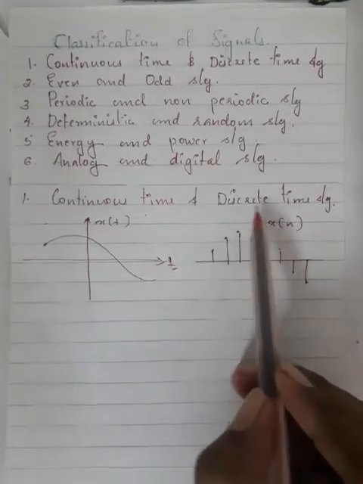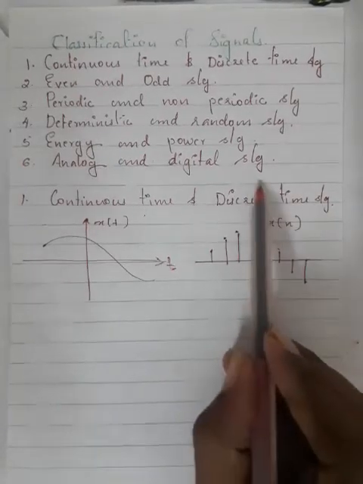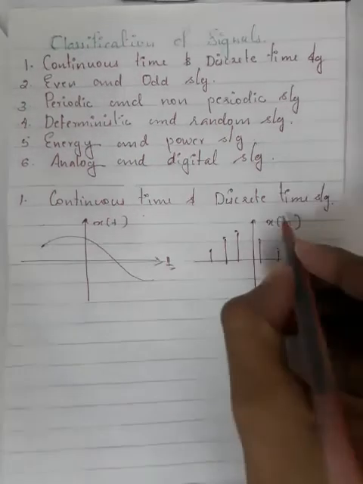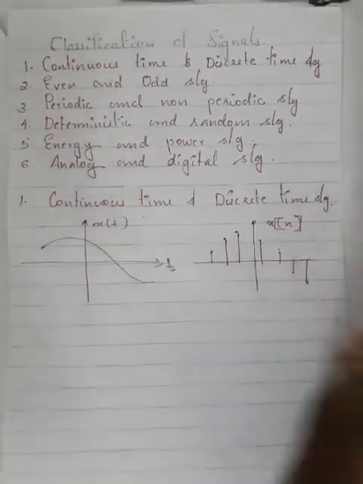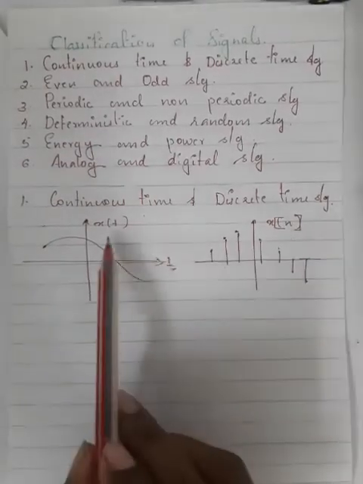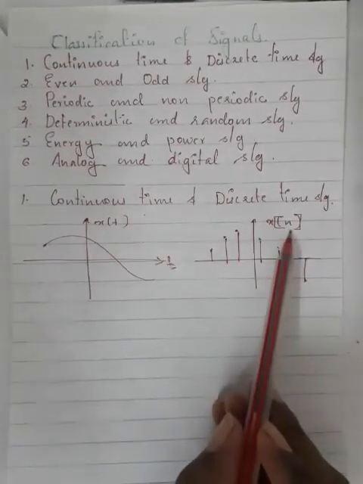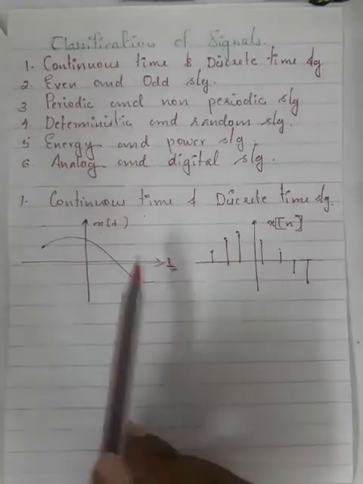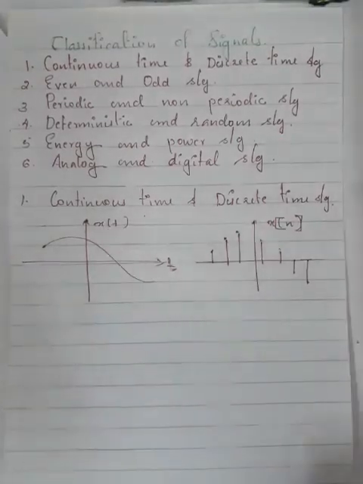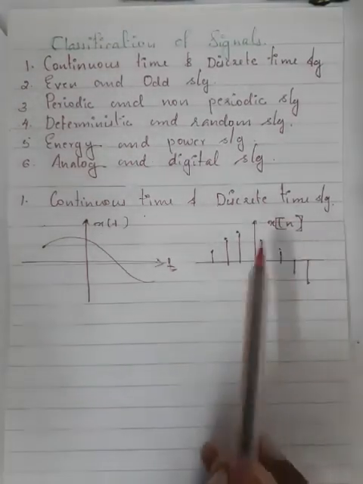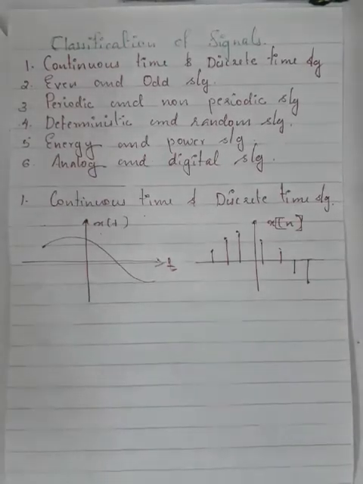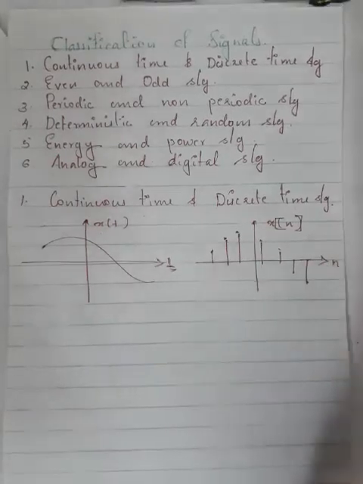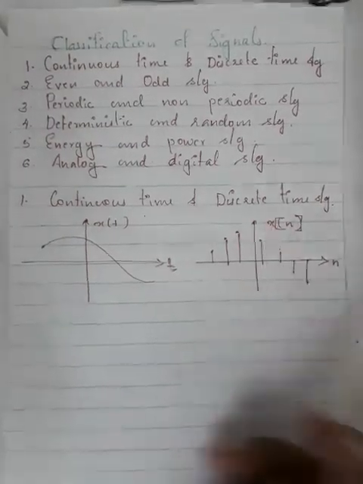Now, what is a discrete time signal? The function is available only at discrete intervals of time, which is represented as x of n. Please note this representation. One is x of t and the other is x of n. If it is said that it is a continuous time signal, then we represent it as x of t. And if it is a discrete time signal, we write it as x of n. From this function, we can see that for every value of n, x of n is not available.